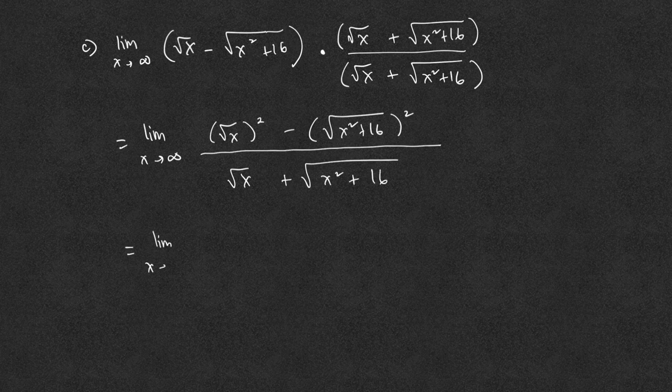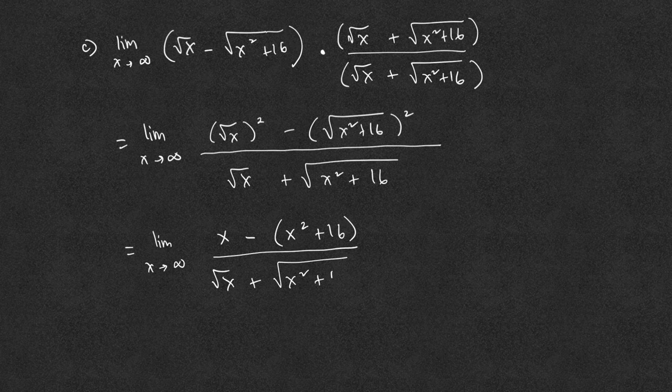Simplifying the numerator, we have x minus (x squared plus 16) inside the parentheses, and the square root of x plus the square root of (x squared plus 16) in the denominator.